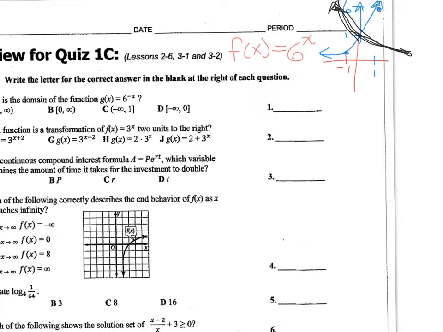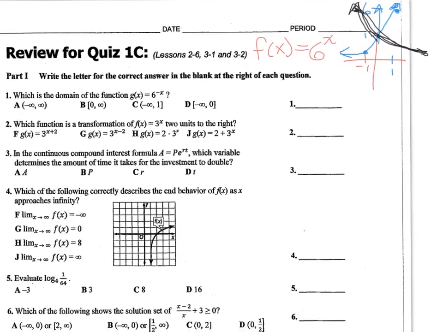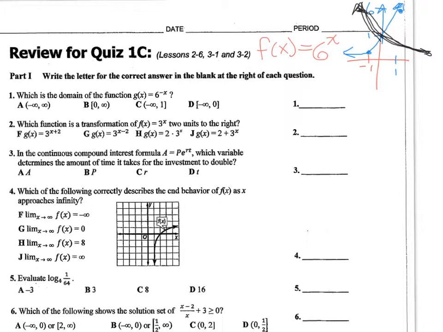But you still need to include all the values from negative infinity to positive infinity. So the solution for this should be A. Why doesn't it stop at 2? It doesn't stop because at x equals 0, 6 to the 0 power is 1.